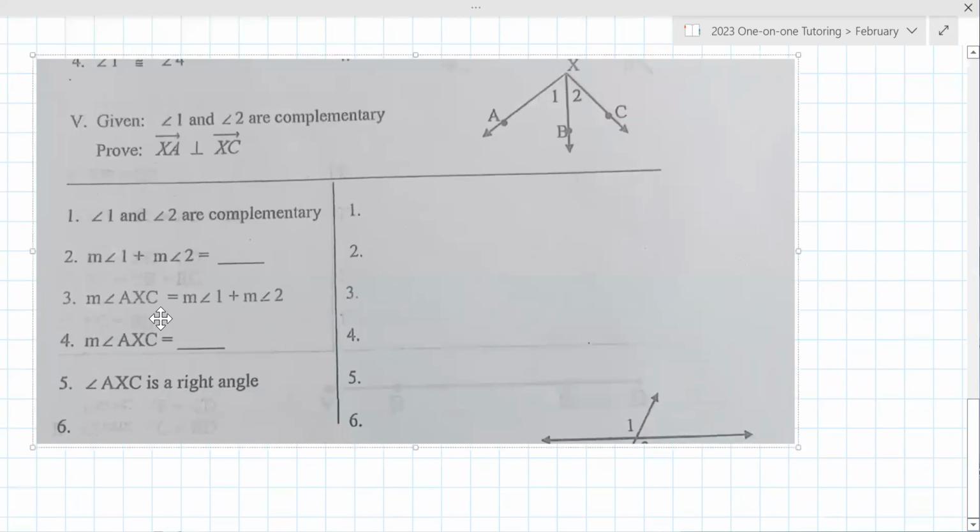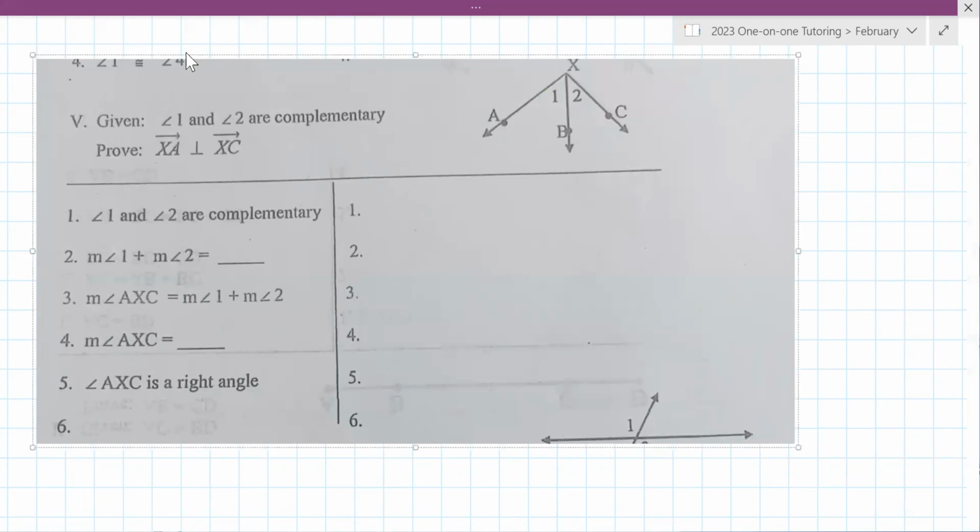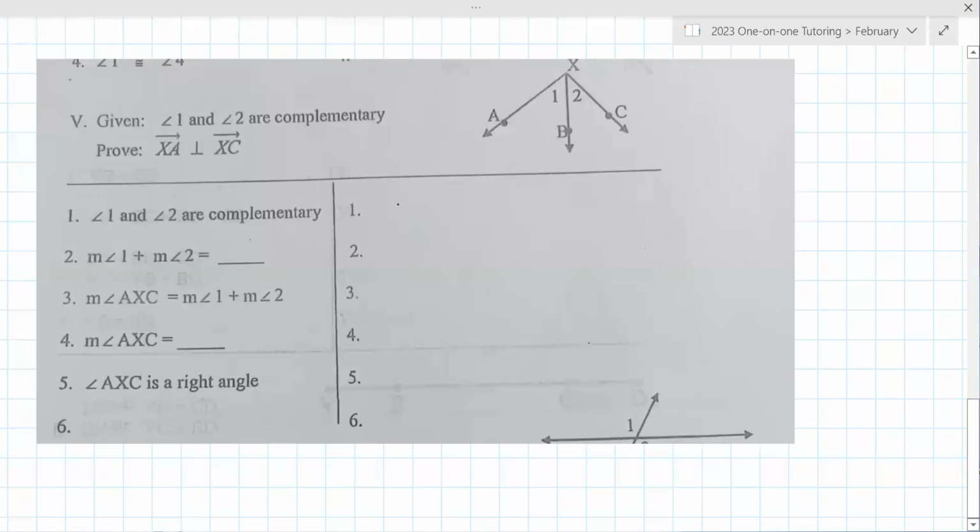All right, so it says given angle 1 and angle 2 are complementary. That means that they add up to 90 degrees. So we know that this is a right angle here. We want to prove that XA is perpendicular to XC. So there's a bit of work to do to prove that. The fact that they're complementary is given.